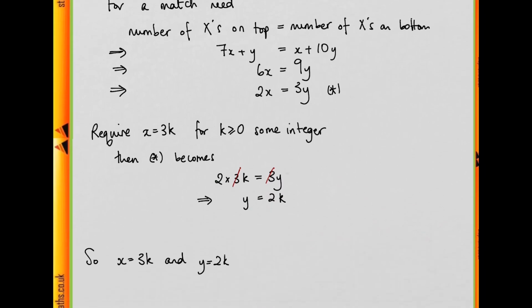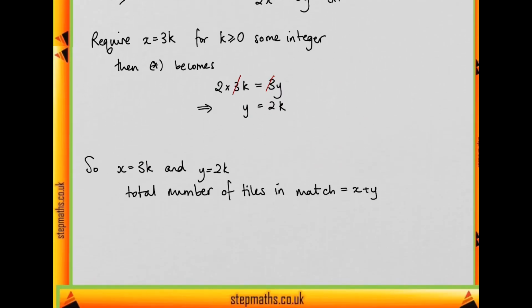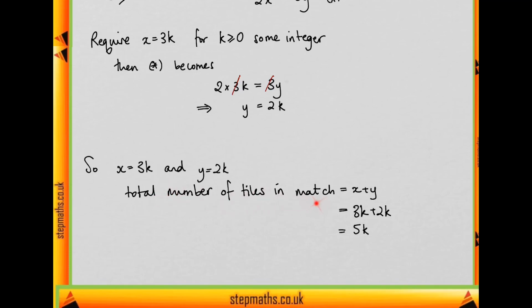So the total number of tiles we have in our match is just going to be the number of tile 1s plus the number of tile 2s, i.e. x plus y. And so using that, we know that this is what x and y are. Then we see that the total number of tiles is going to be 5k.